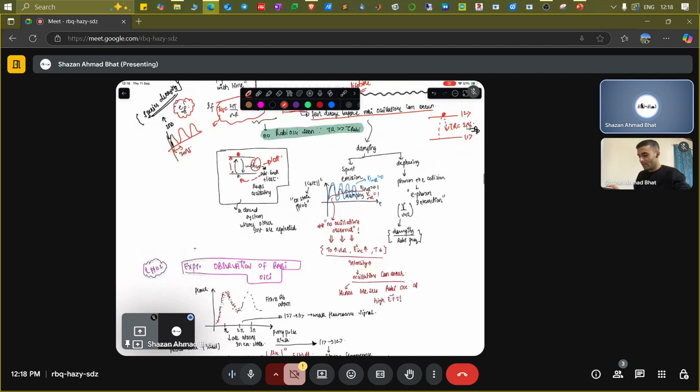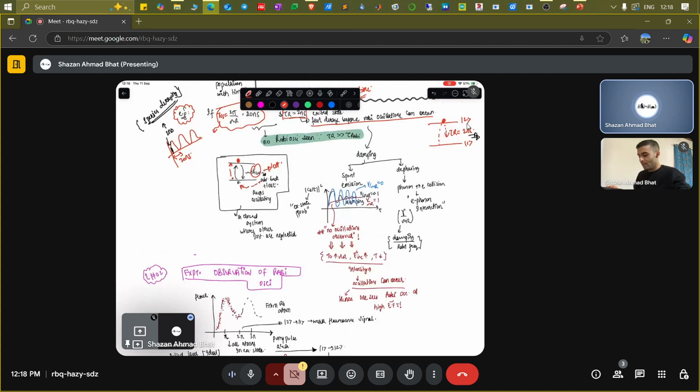So these particular oscillations are mostly seen in a closed system, where other mechanisms of dephasing or damping are totally neglected. But in the actual world, we have an open system. So the system is mostly open. That's why it's a totally different set of equations you need to solve for open quantum systems.